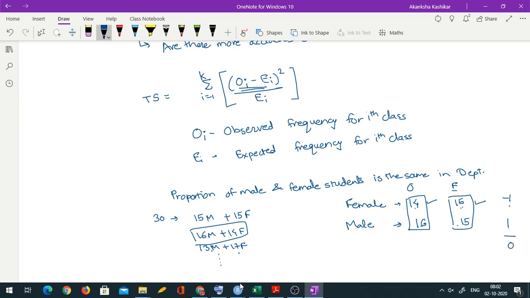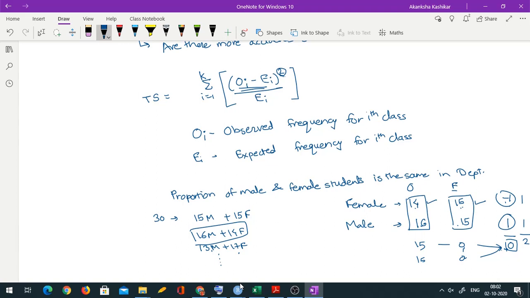And I wouldn't know whether this is 0 because they cancelled out, or whether it was actually 15-15 and hence every difference was 0. So 0 would mask the complete picture. That's why we don't take simply the difference, we take squared differences. The square of each becomes 1, so I get 2, which shows that yes, there is some deviation at least. That's why we compute (O_i minus E_i) whole square.